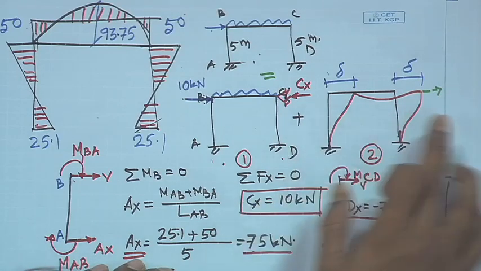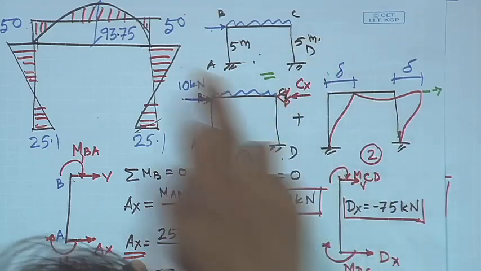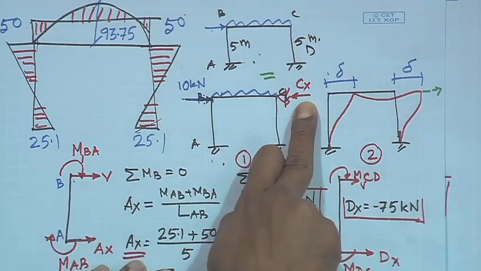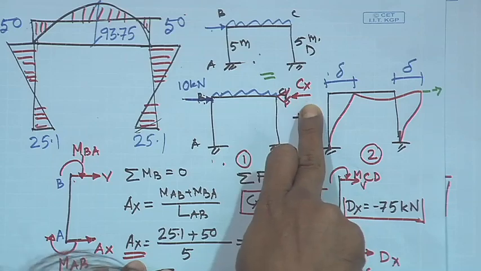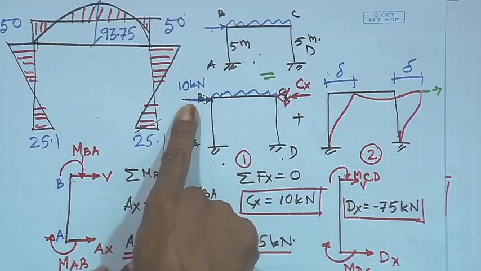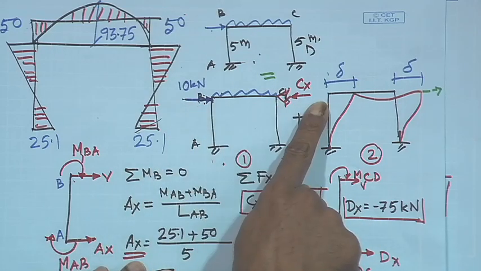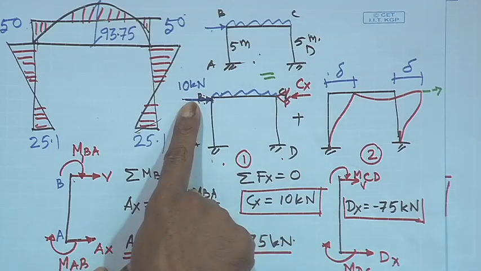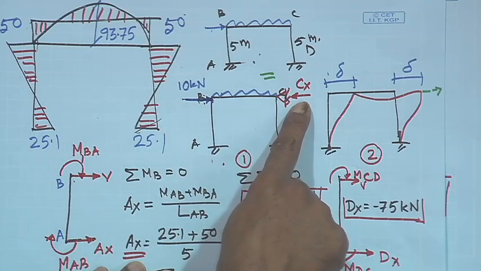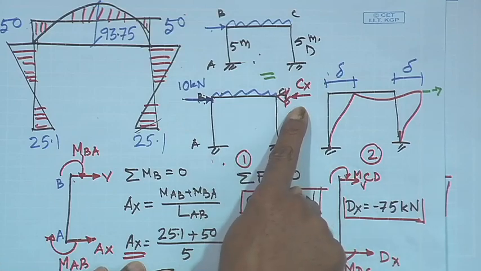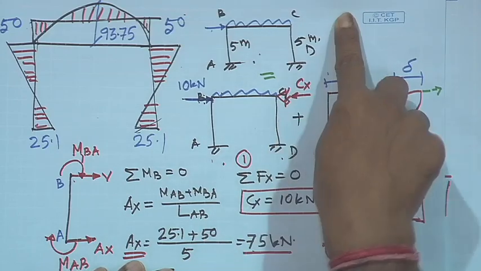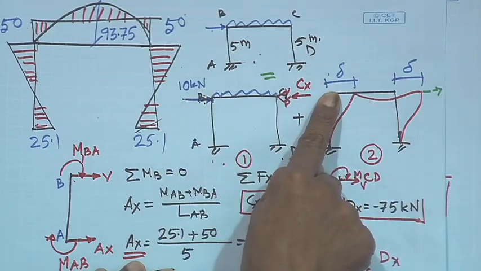Now, but the actual reaction will be Cx, right? See, these 100 kilonewton force will cause this sway, 100 kilonewton force in the actual structure, but that sway is restricted by this reaction Cx. So, essentially if we remove this reaction, then sway is allowed, right?